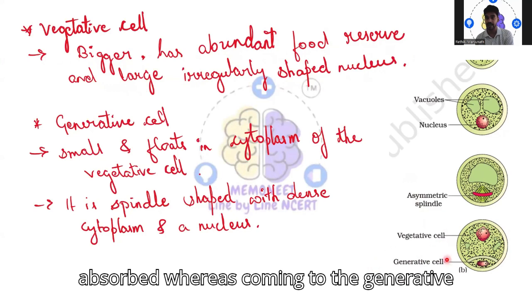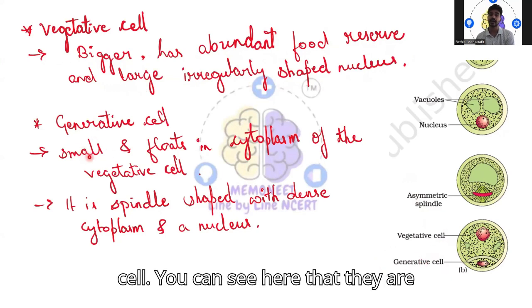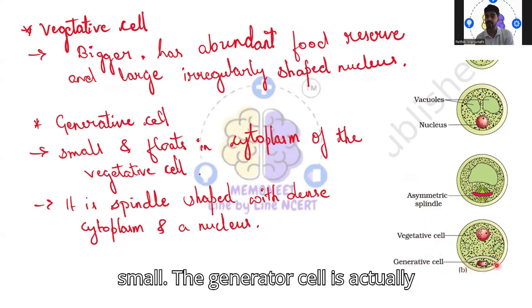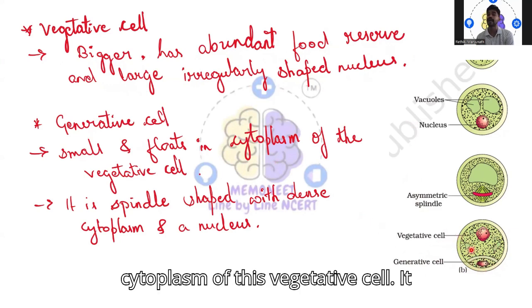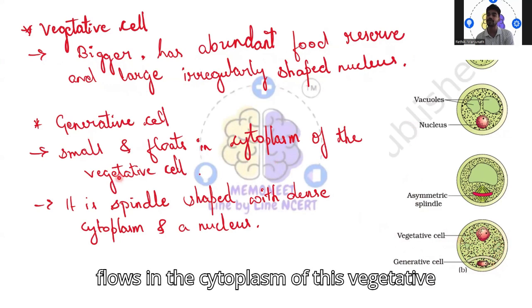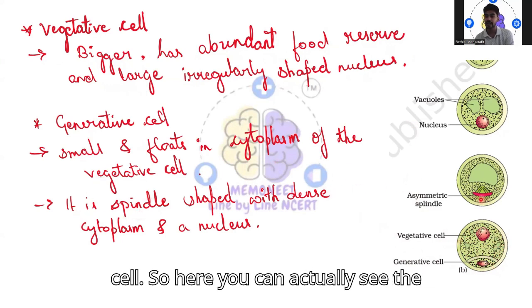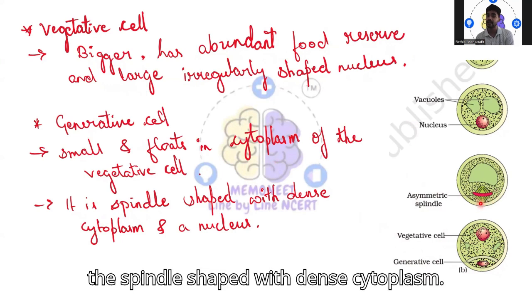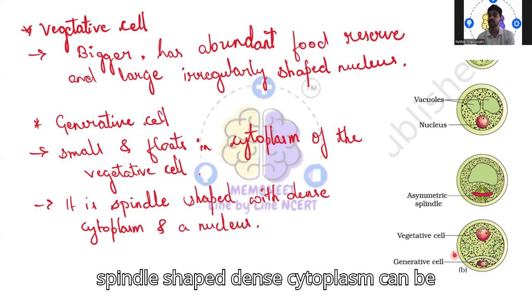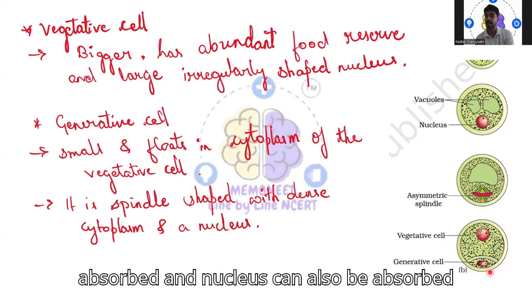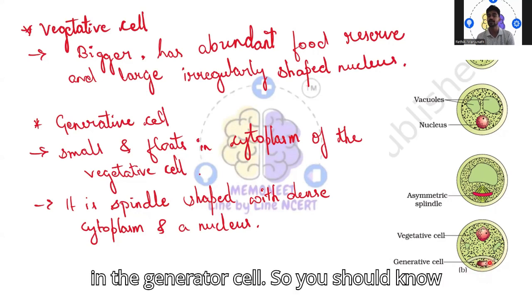Whereas the generative cell, you can see here, is small. It floats in the cytoplasm of the vegetative cell. Here you can see it is spindle shaped with dense cytoplasm, and a nucleus can also be observed in the generative cell.